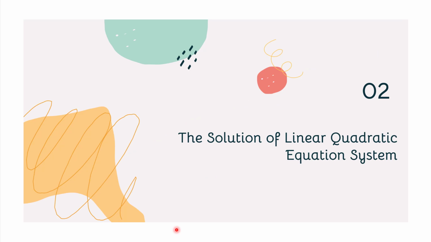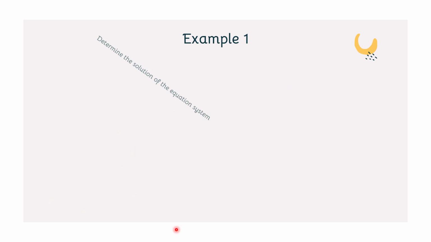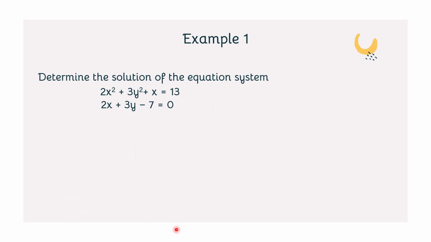So now we will discuss the second point, how to find the solution of a linear quadratic equation system. In example 1, we have one quadratic equation, of order 2, and the line 2x plus 3y minus 7 equals 0.